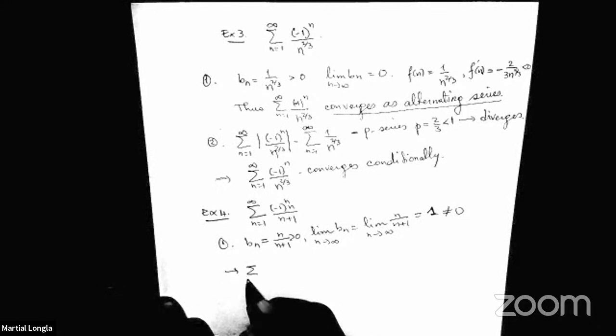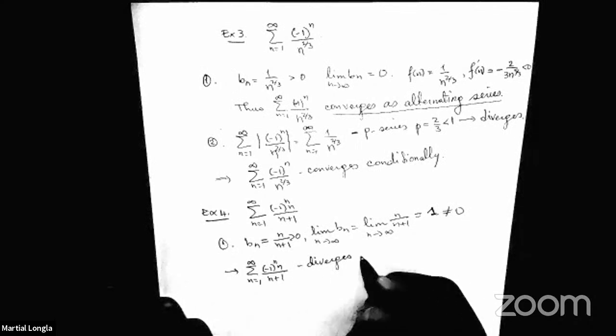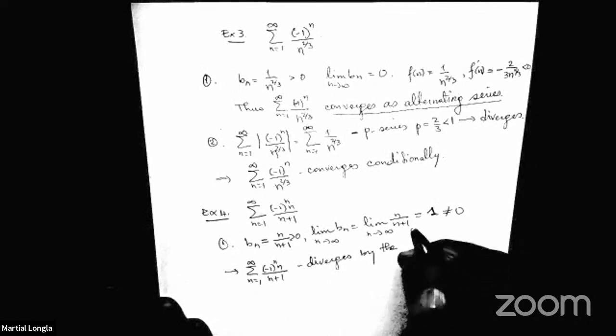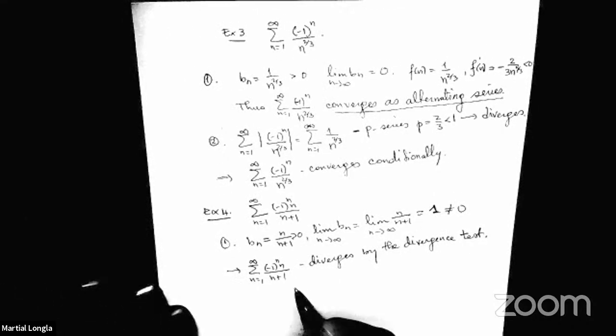So the sum n from 1 to infinity, -1 to the n over n plus 1 diverges. And you say why? That's by the divergence test. And if it diverges, then it doesn't converge. You can't check absolutely or anything. It diverges, right? Is this clear for everybody?